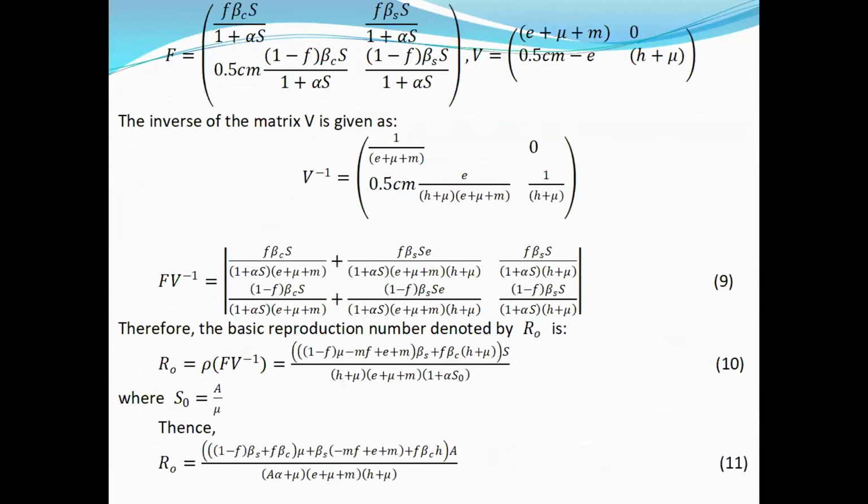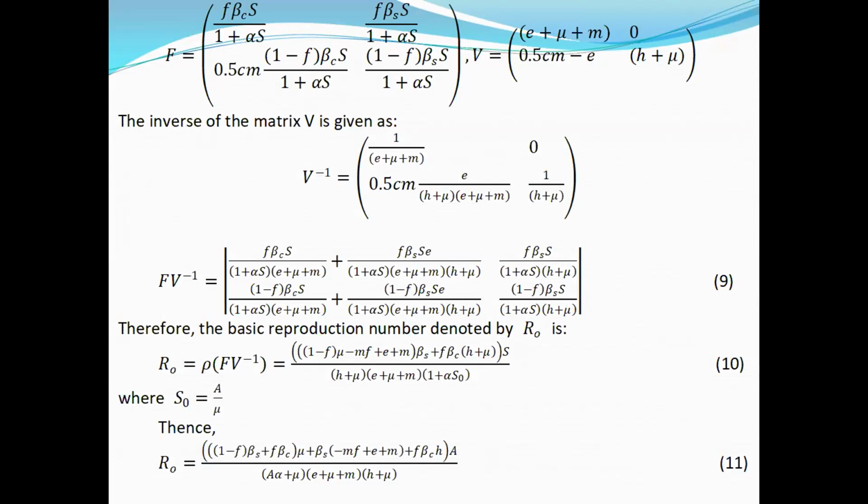So we go to the reproduction number. We calculate the basic reproduction number, where we have our F and our V. Then the inverse of V gives our reproduction number, R0, the threshold, which is the largest eigenvalue of F multiplied by V inverse. The reproduction number is the number of secondary cases that occur in a susceptible population.